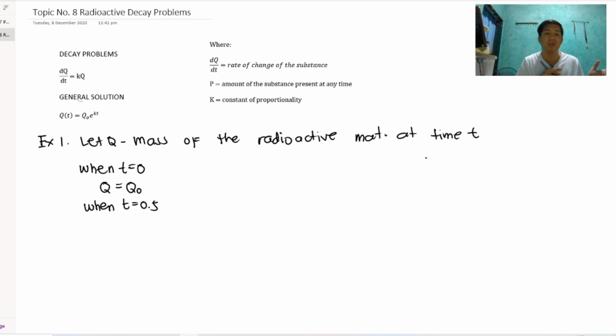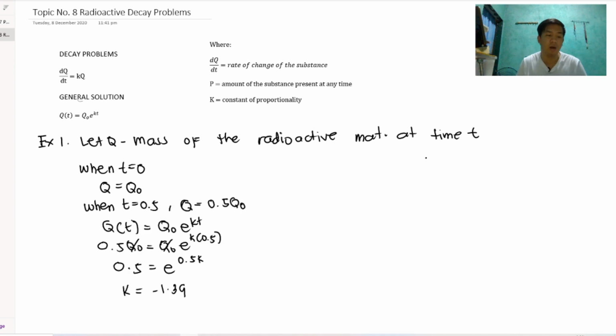So from this equation, from this answer, now we can get the value of the percentage of the original mass that remains after 0.8 hour. So, nung oras daw na yon, which is the time is 0.8 hour, so what is the mass? Okay?